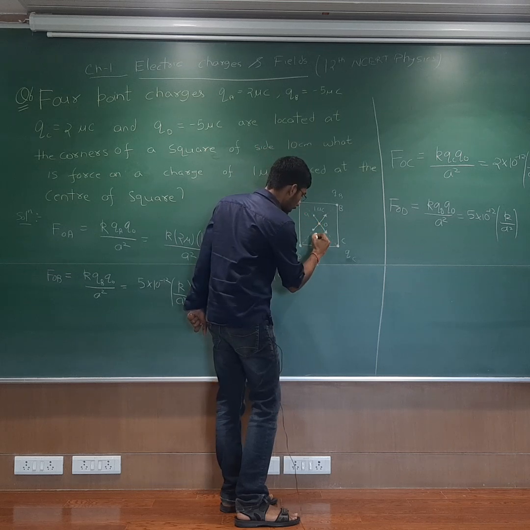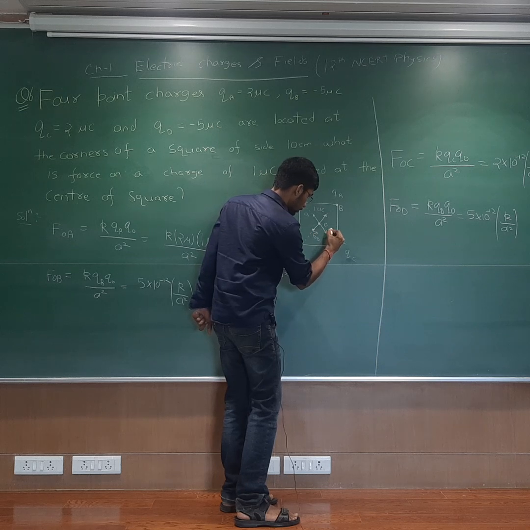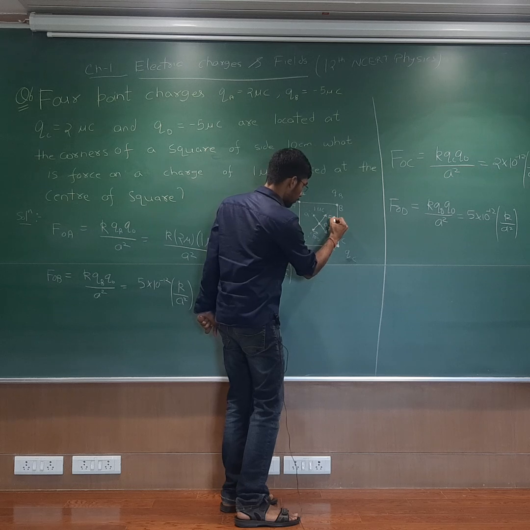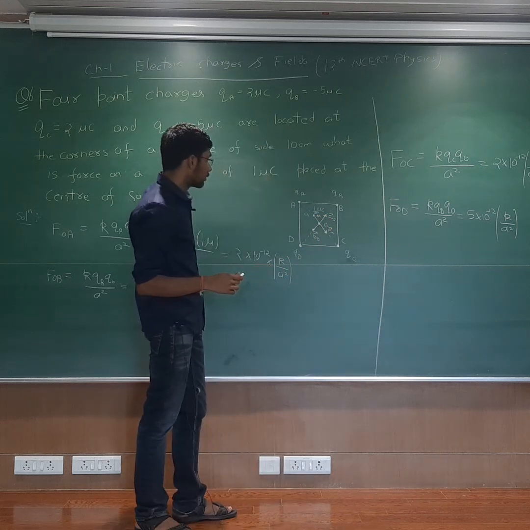So this is my FOD, this is FOC, this is the FOB vector, and this is FOA.